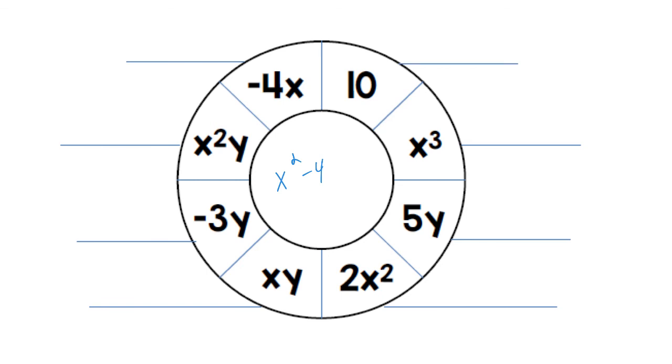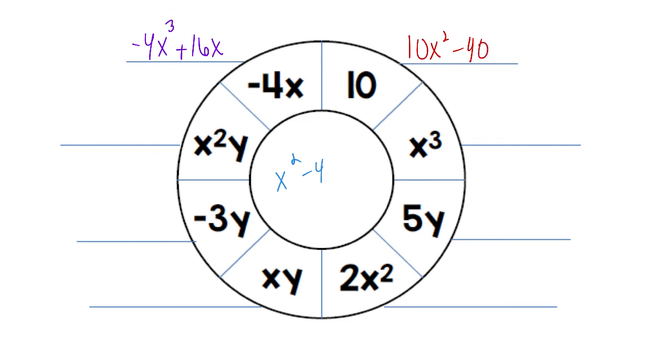All right, negative 4x times x squared is negative 4x cubed. Negative 4x times negative 4 is plus 16x. 10 times x squared minus 4 is 10x squared minus 40.